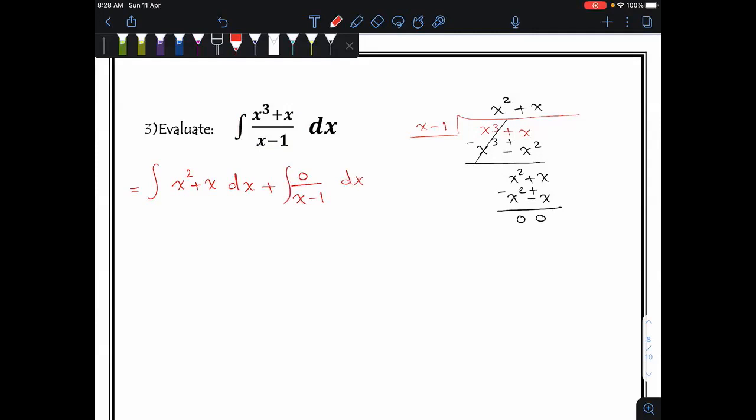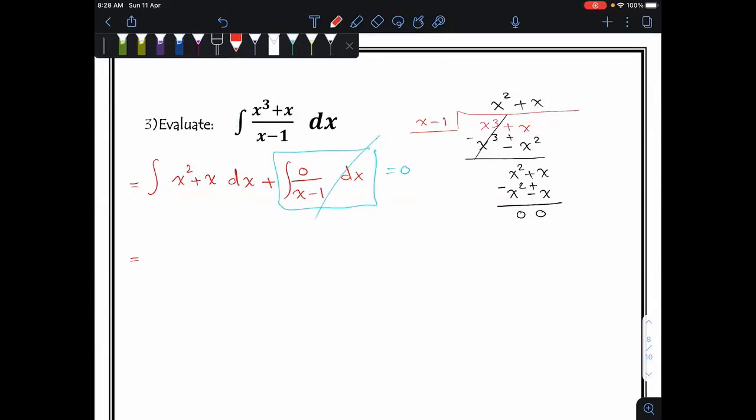So this all, guys, will be cancelled out, equal 0. But in the first part, we have to integrate easily here. So no need to use partial fraction decomposition. Then we check again the long division: x squared by x, x cubed, x squared, cancel out, x squared plus x.